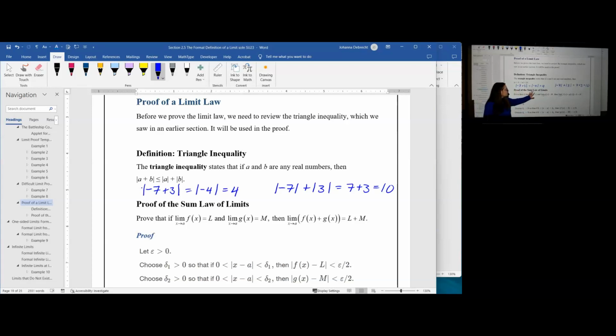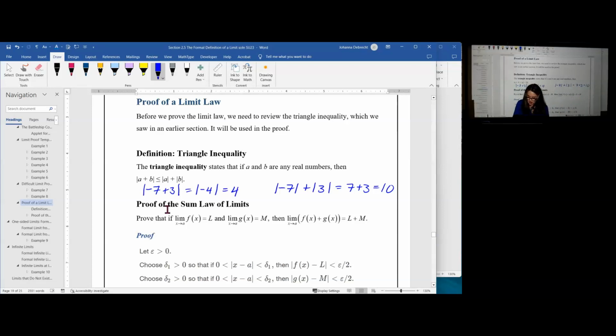We're going to prove that the sum law for limits works. The limit of a sum is the sum of the limits. So if I have a limit of f of x as x approaches a of L, and a limit of g of x as x approaches the same number a, and this becomes m, then the limit of the combined function f of x plus g of x as x approaches the same number a should be L plus m.